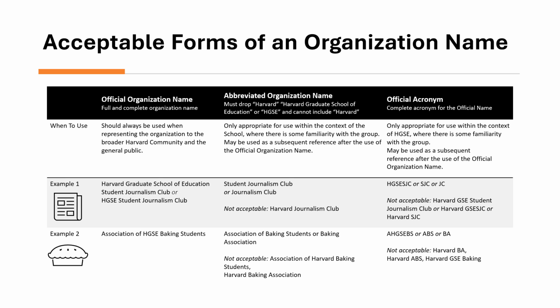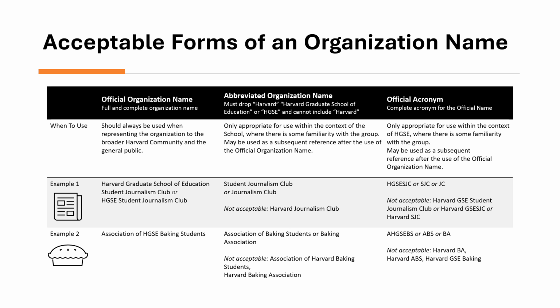The official organization name should always be used when representing the organization to the broader Harvard community and the general public. In the examples here, we have Harvard Graduate School of Education Journalism Club and the Association of HGSE Baking Students. The abbreviated organization name is only appropriate for use within the context of the school, where there is some familiarity with the group.